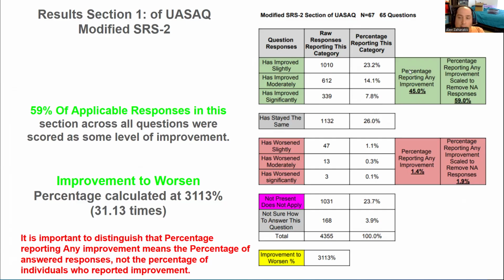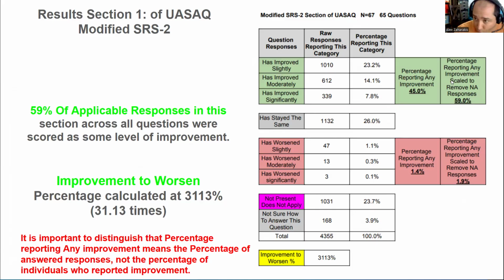If we get rid of the NAs, because some of these questions won't be applicable, like, for instance, seizures, right? If your child doesn't have seizures, then it's not something they can improve upon. So if we take out the NAs, the value of improvement jumps up to about 59% of the responses indicating some level of improvement.